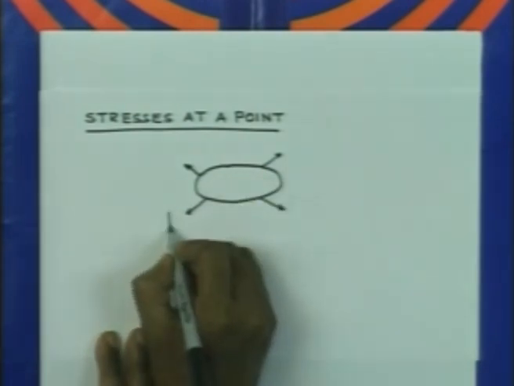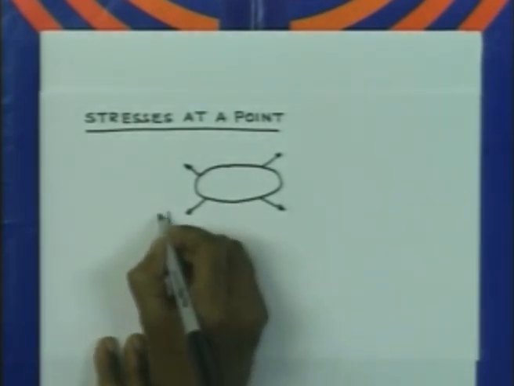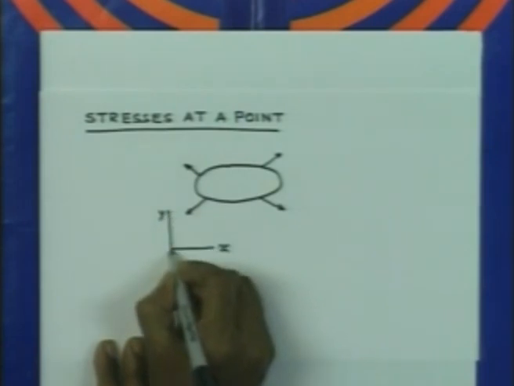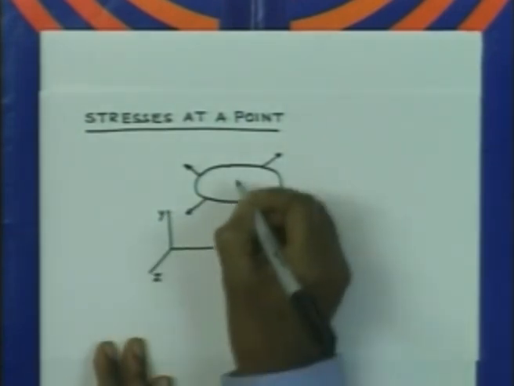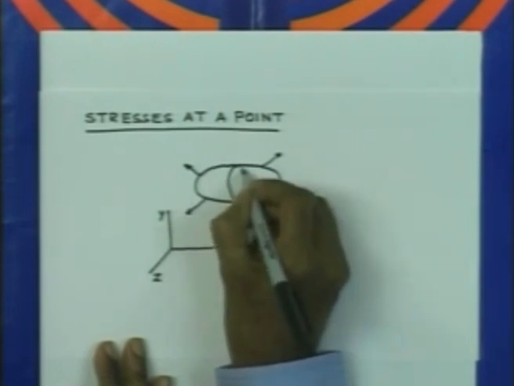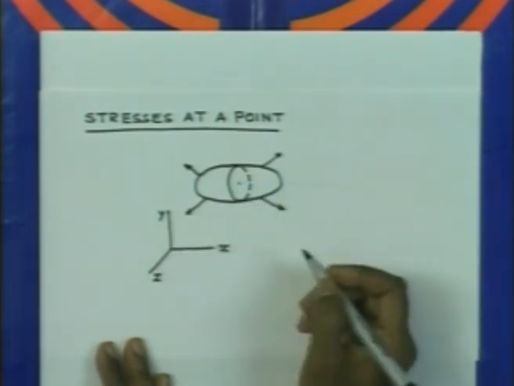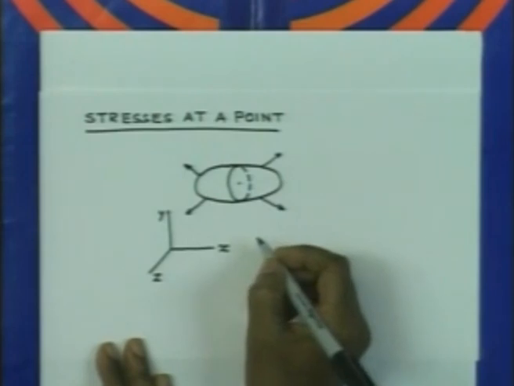So, we will have our Cartesian directions as before. So, we now consider a plane which divides this body into two parts, and this is the typical point we are concentrating on, point P.